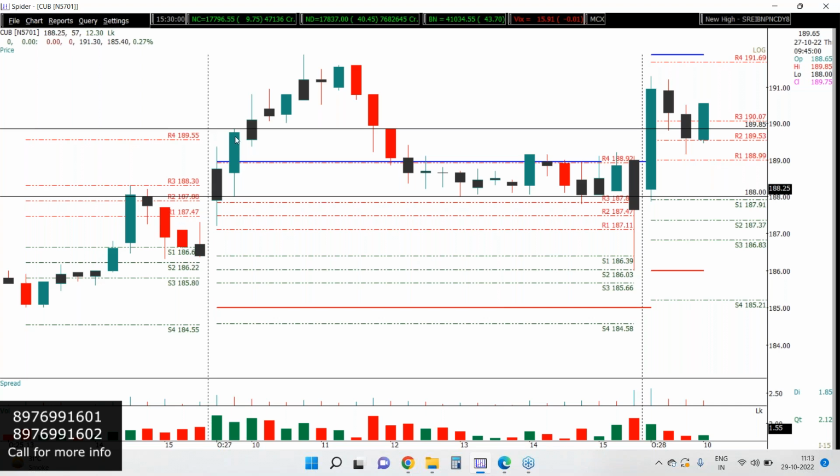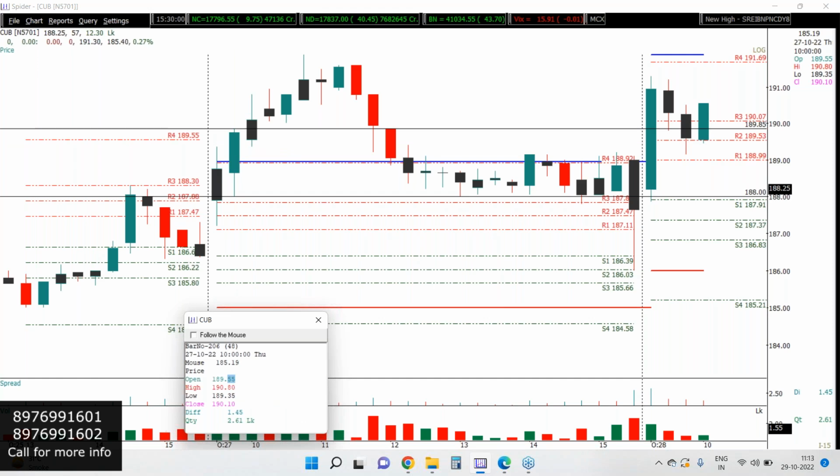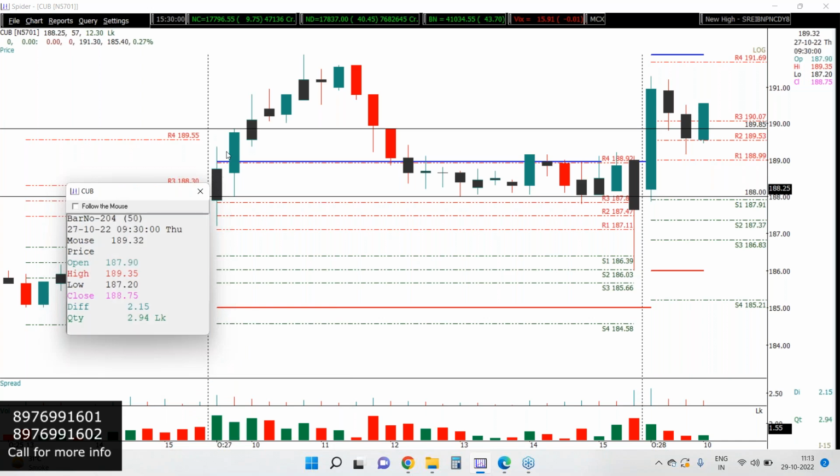It totally depends on you. If I click on this candle, I'm getting the difference at the bottom, in the data window, where you can see the difference is 1.85. So we can expect 1.85 points on the positive side.